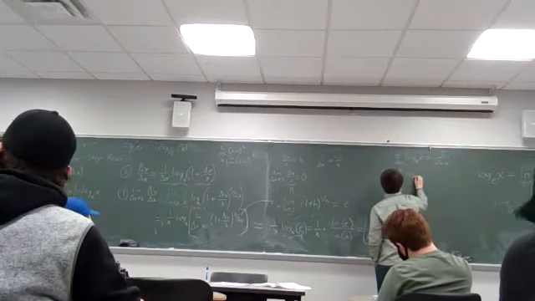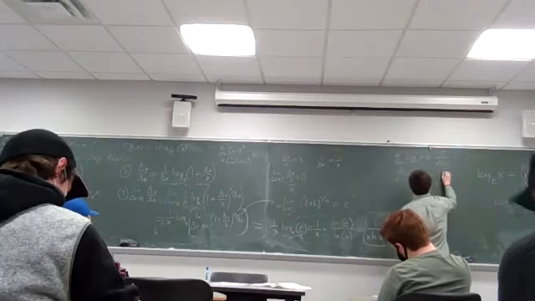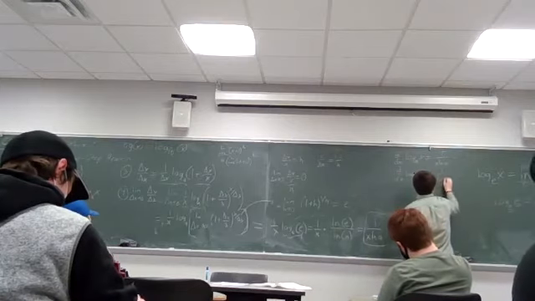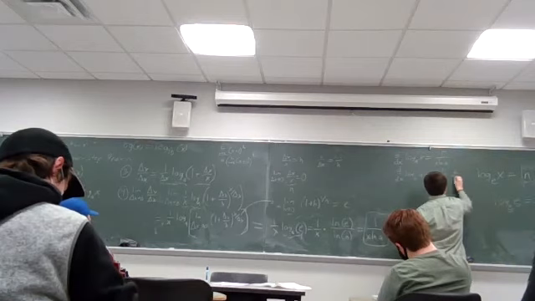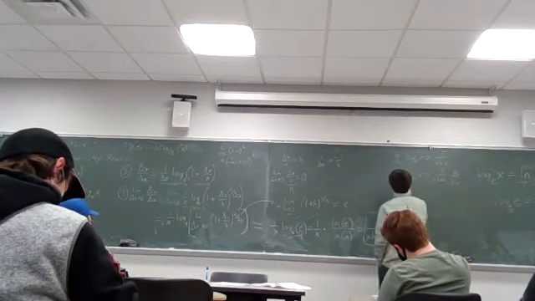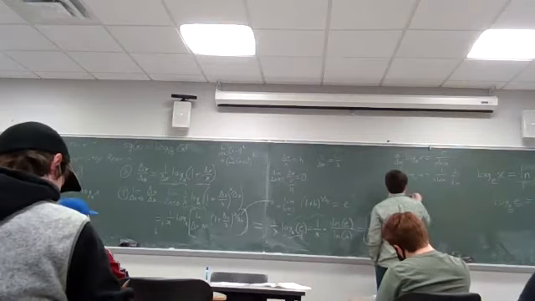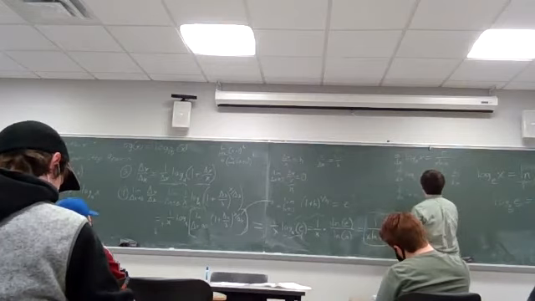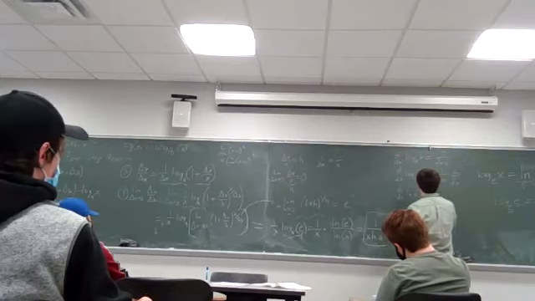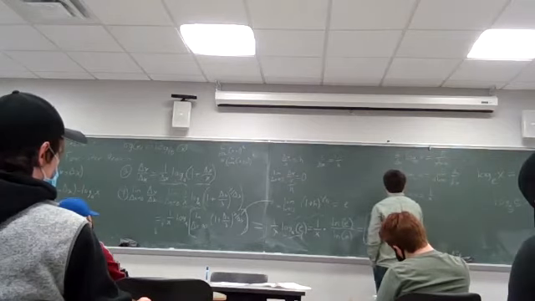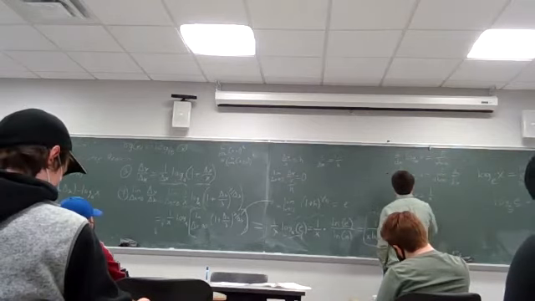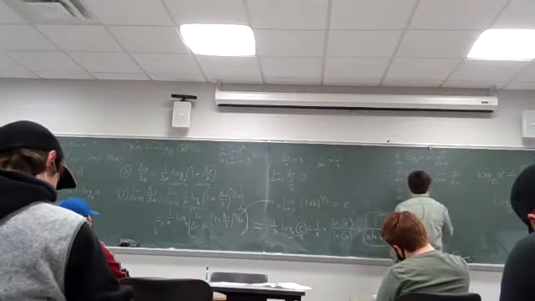If I have anything besides x inside the logarithm, it's going to be 1 over u times the natural log of a times du over dx. If a is e, which is the most common scenario, and I get natural log of x, then it's just going to be 1 over x. And then if I'm taking the derivative of the natural log of u, it's going to be 1 over u.